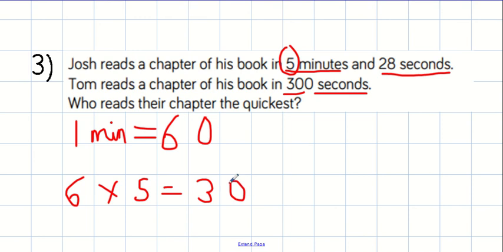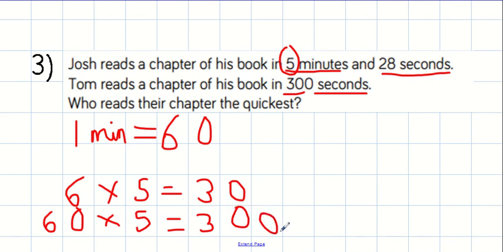So if I know 6 times 5 is 30, I know 60 times 5 is 10 times bigger, which is going to be 300 seconds. So I know 300 seconds is 5 minutes.